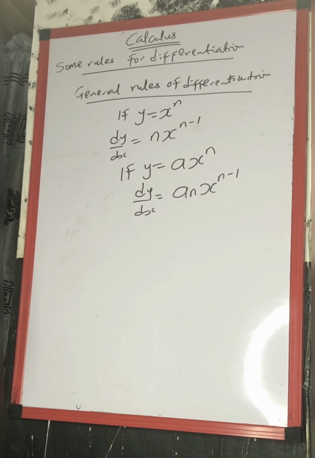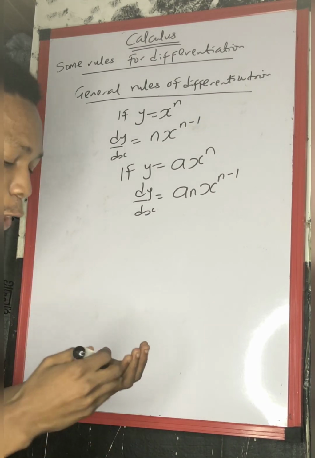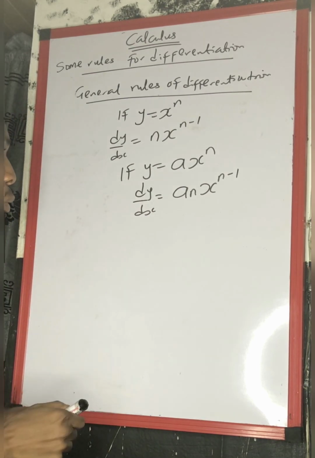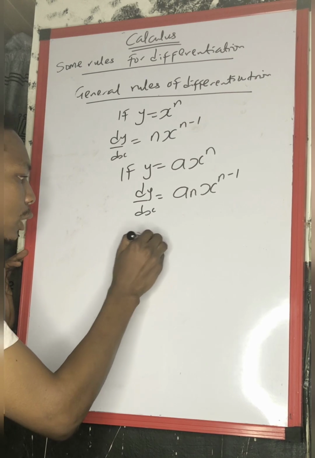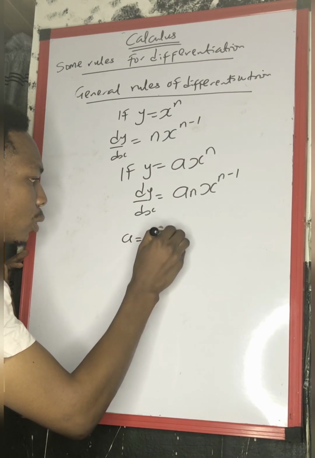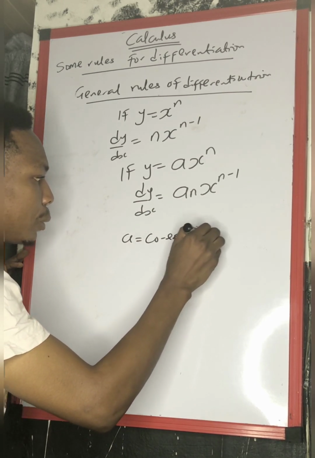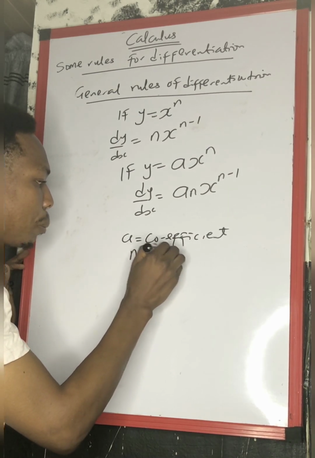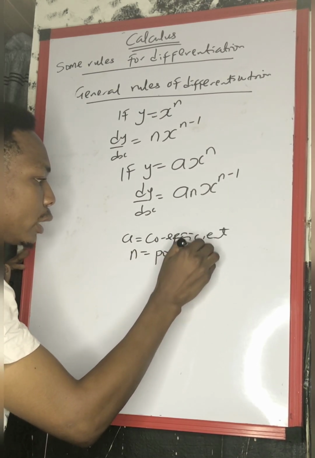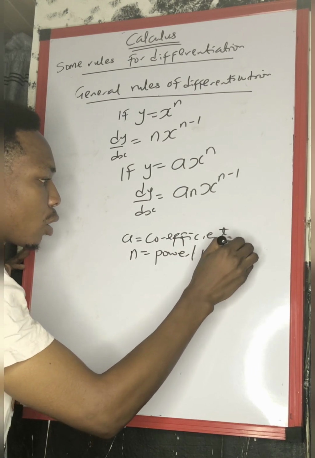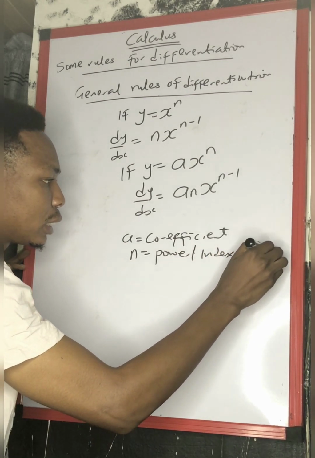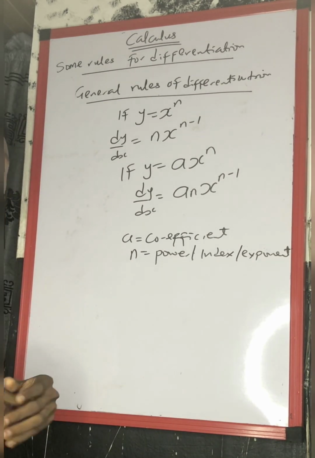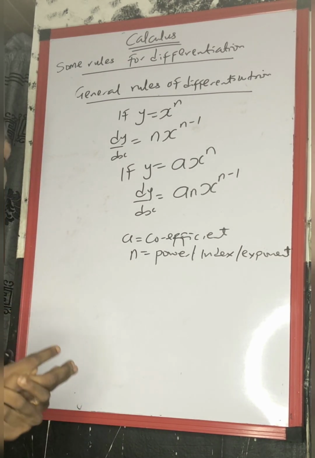So in terms of the general rules for differentiation, it is very easy. The a there represents the coefficient, while the n there represents the power, or you can call it the index, or the exponent. Whenever you are given a question in the general rules for differentiation, it's very easy.